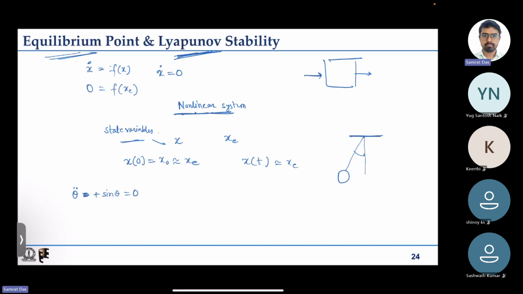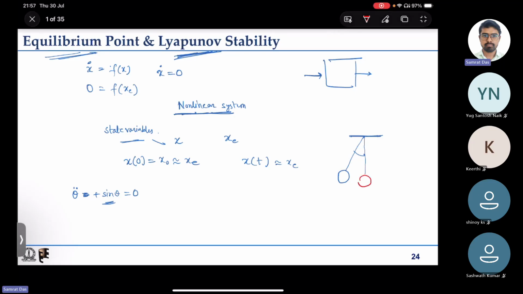So this is the exact dynamic equation of a pendulum, which is a nonlinear system, because you have a sine of theta. You simply do not have a linear function of theta, but it is a sine of theta. So it's a nonlinear system, and in this case, what is the equilibrium point?